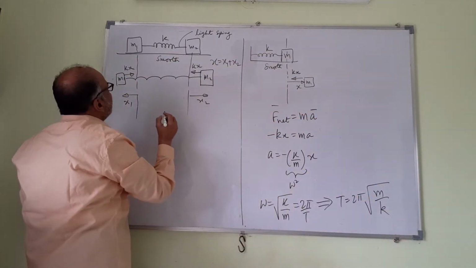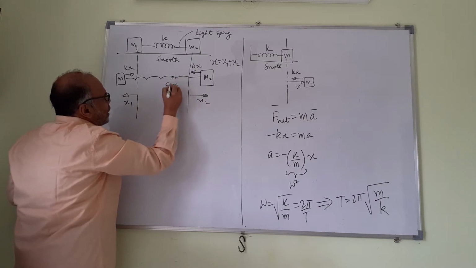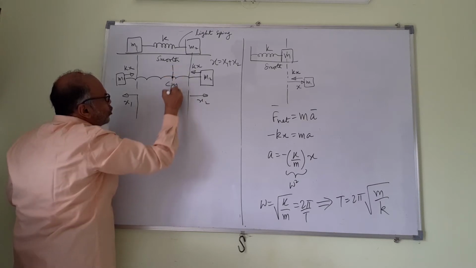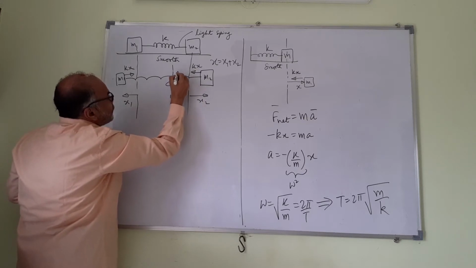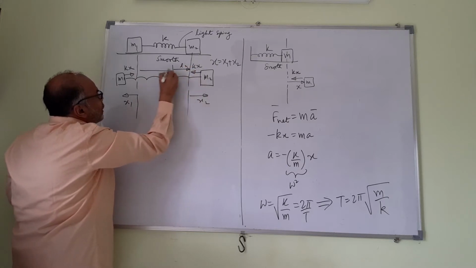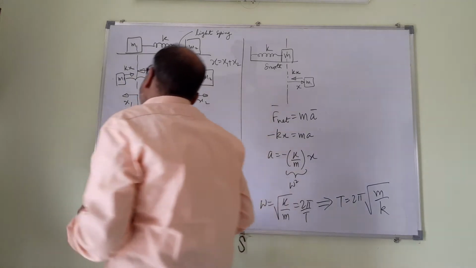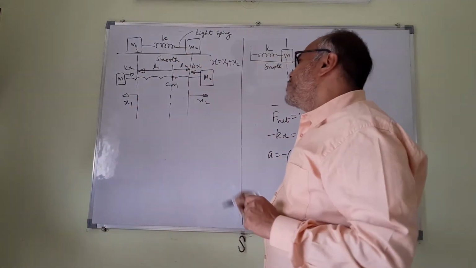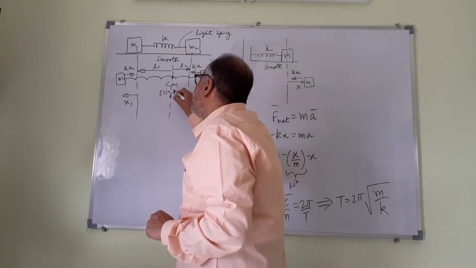So where is the center of mass? Let's say this is the center of mass. It will not move. The center of mass will remain as it is, and let this distance be L2. Let this distance be L1. Now let us choose the center of mass as the origin.